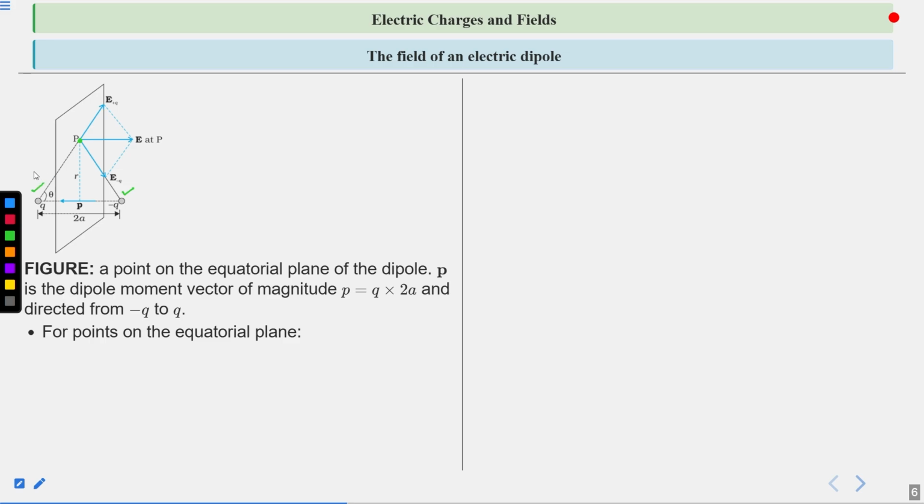First, the electric field due to charge plus Q. After that, the electric field due to charge minus Q. And then the net electric field. So the field's magnitude due to charge plus Q is Q divided by 4 pi epsilon naught, 1 divided by R square plus a square.